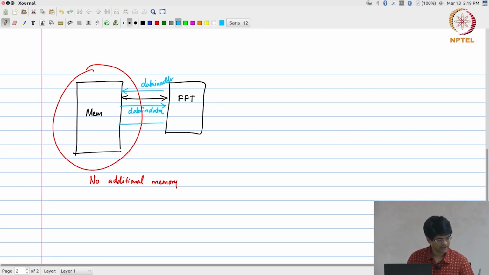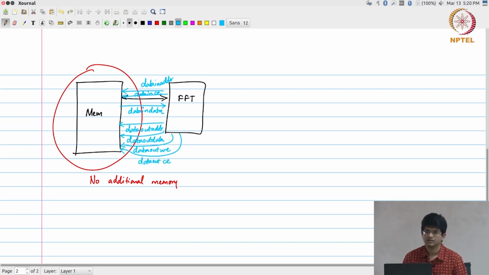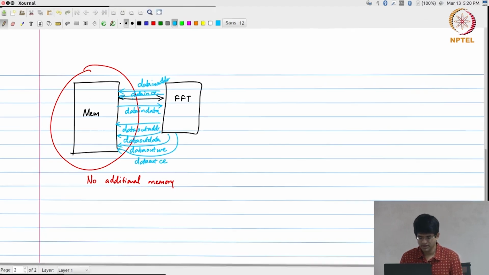For the other one, there would be a data out address, a data out data going in this direction, and a data out write enable, right. In the case of read, there would also be a data in chip enable. Similarly, there would be a data out chip enable as well that goes out over here. Okay. So those are the signals that we see.